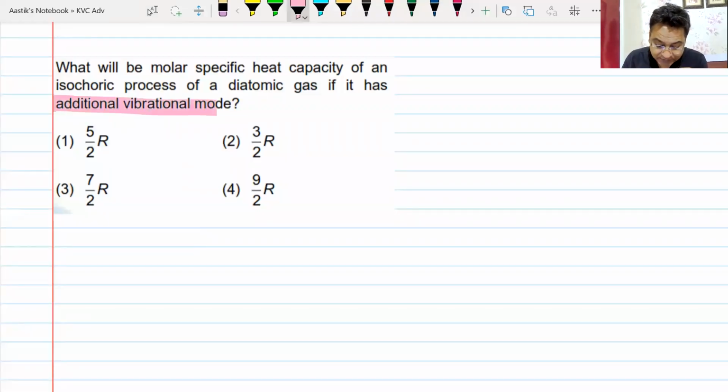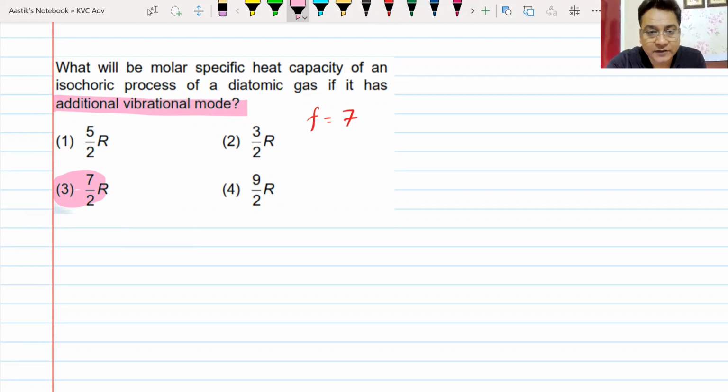It has one additional vibrational mode. I think you have skipped this. So the degrees of freedom 5 plus 2 will become 7, and therefore the value of CV is 7 by 2 R. Go back and have a look at what we had discussed. Obviously, you have forgotten it.